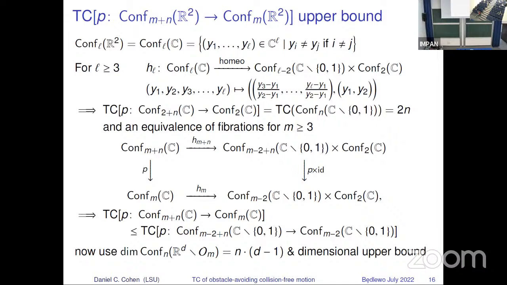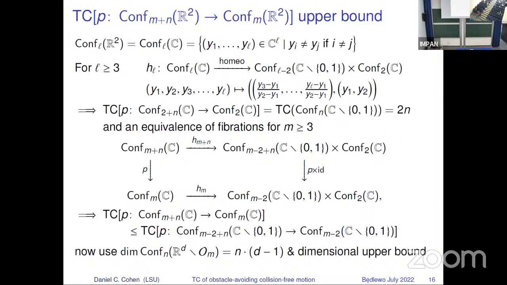In the case of R2, first of all, I'd like to identify R2 with the complex line and think about configurations in C instead of in R2. This is a matter of convenience as much as anything else.